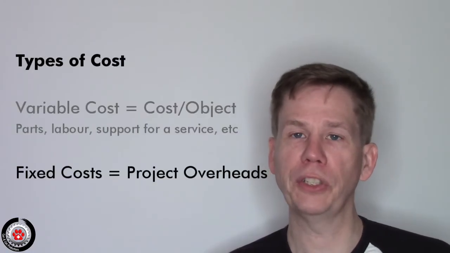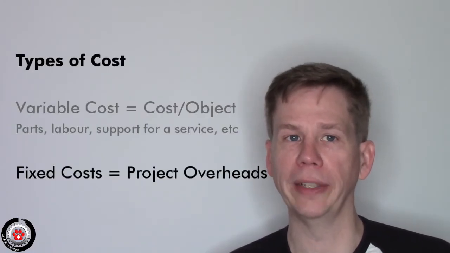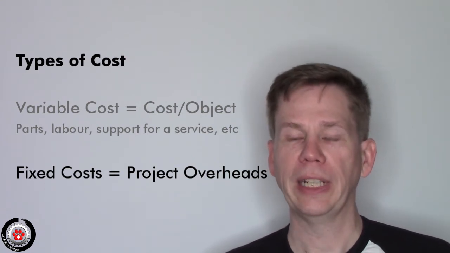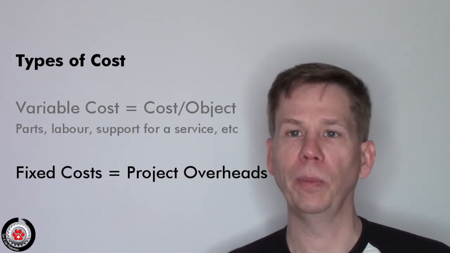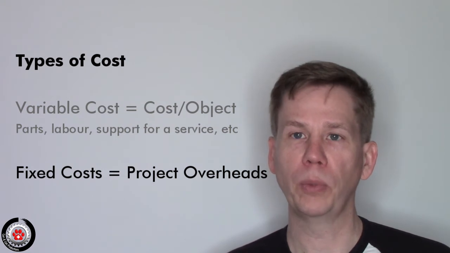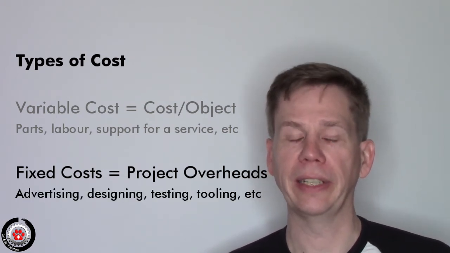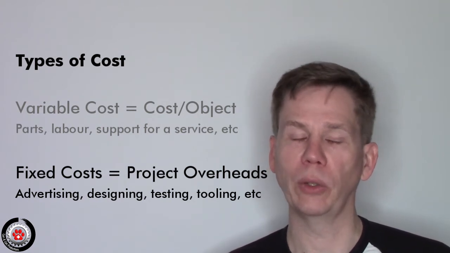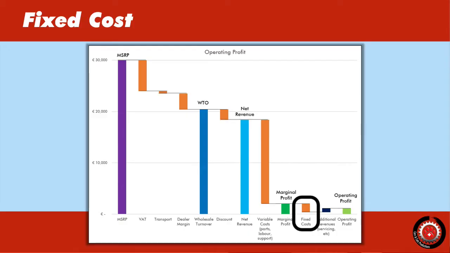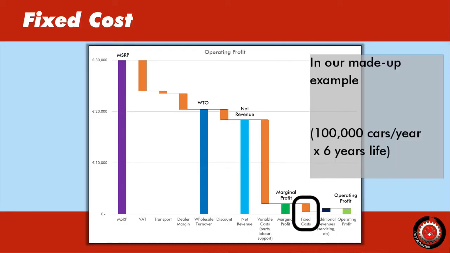The other type of cost is a fixed cost, what's called an overhead. So this is things which don't change depending on how many of the product or service you're selling. So there's things like advertising, designing, testing, tooling and equipment. So in our hypothetical situation, you share that cost across the number of items you'll make.